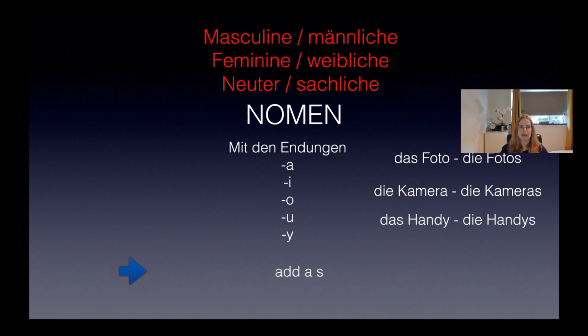Another one would be die Kamera, the camera that you take a picture with. Die Kamera turns into die Kameras. You see, simply put an S to the end. And last example would be, everybody knows that, das Handy, die Handys.